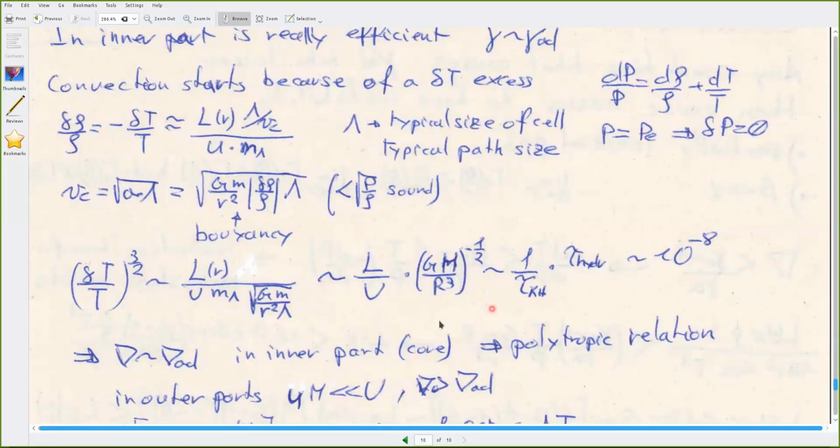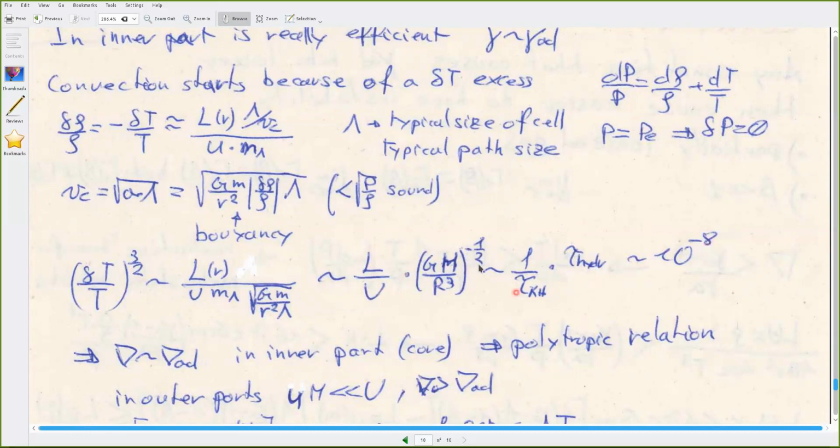This value, as you saw, is the total energy divided by luminosity, which is the Kelvin-Helmholtz time scale. This is the dynamic time scale. This is just to have an idea, and we got that the relative difference is really small.